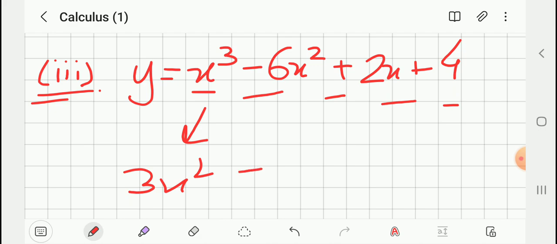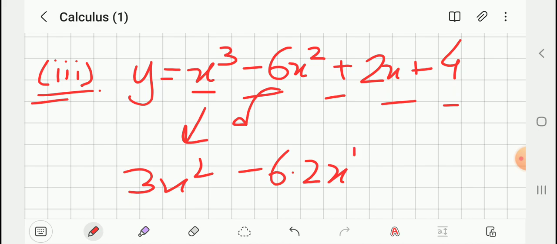Then minus 6x square: as 6 is the constant, it stays, and 2 comes out, and the power is 2 minus 1, so minus 6 into 2 x to the power 1.